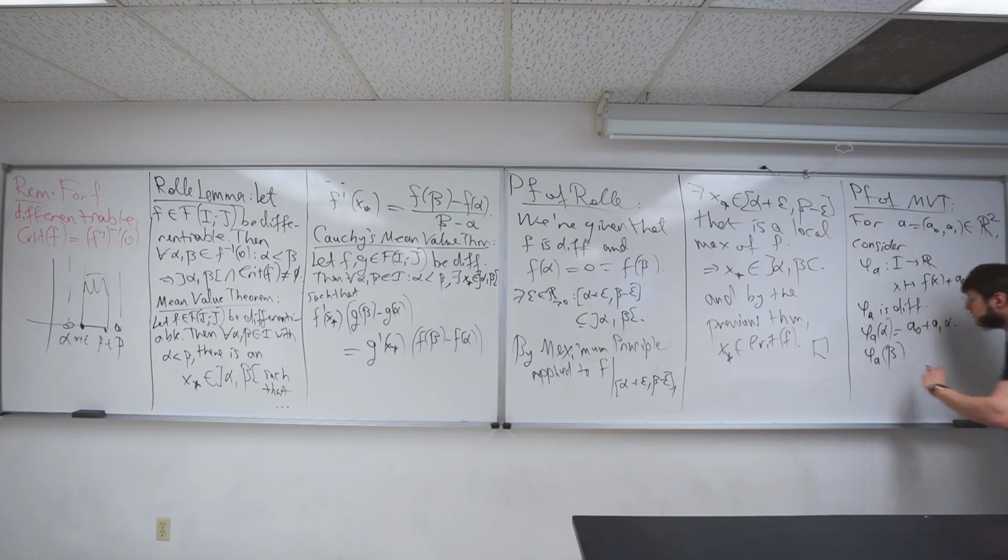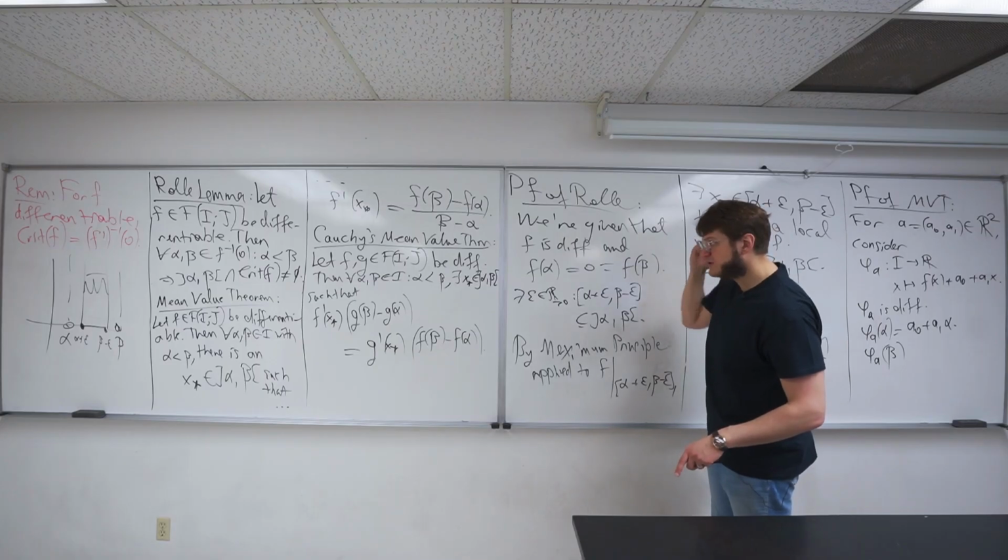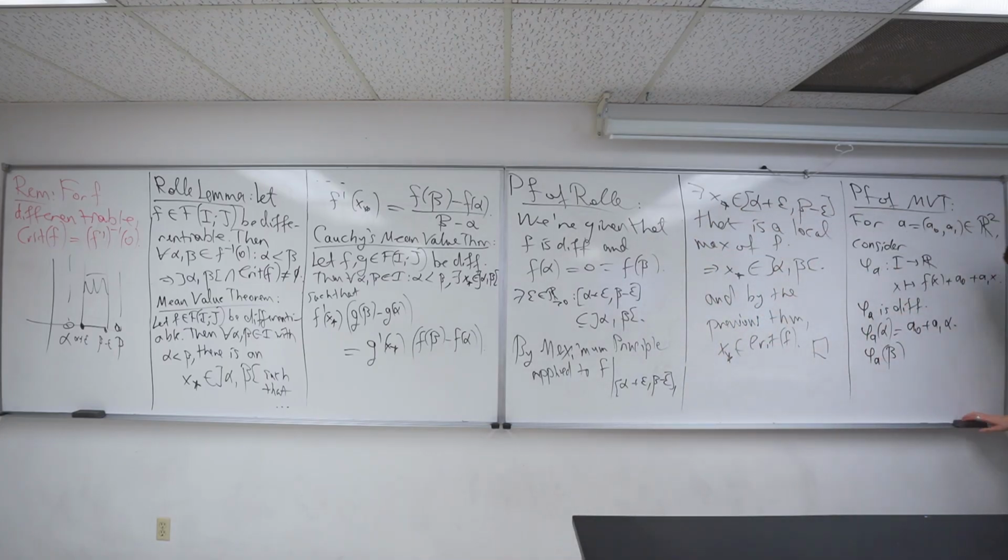At beta, again, if I plug in x equals beta, this is going to vanish by the hypothesis. Oh, hang on a minute. That's not my hypothesis. I'm not assuming that f vanishes there, so I just need to add it. f of alpha plus A0 plus A1 alpha. And phi sub A of beta is f of beta plus A0 plus A1 beta.